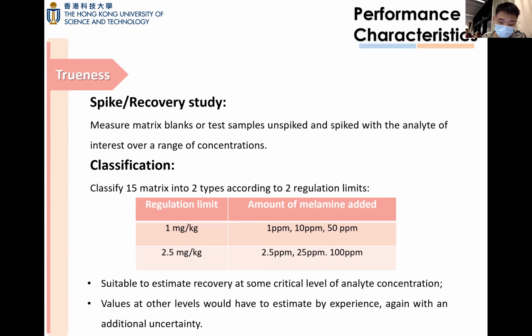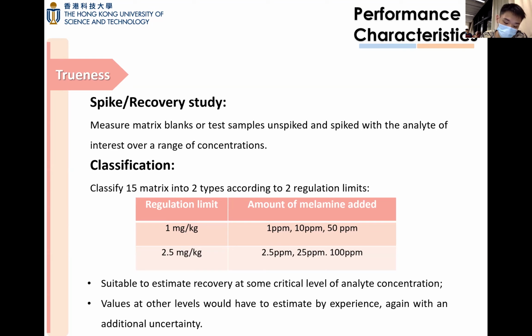In these methods, no reference material is available, and the spiked recovery study is used. Measure matrix blanks or test samples spiked with the analyte of interest over a range of concentrations.